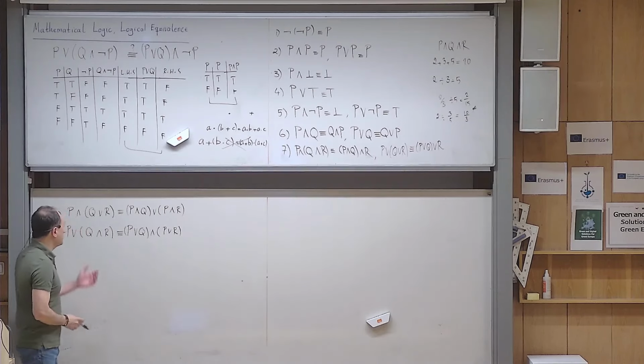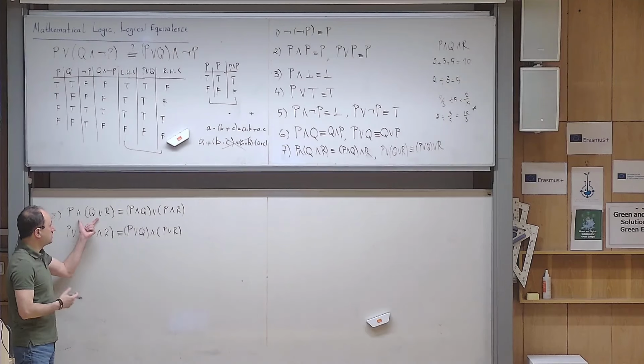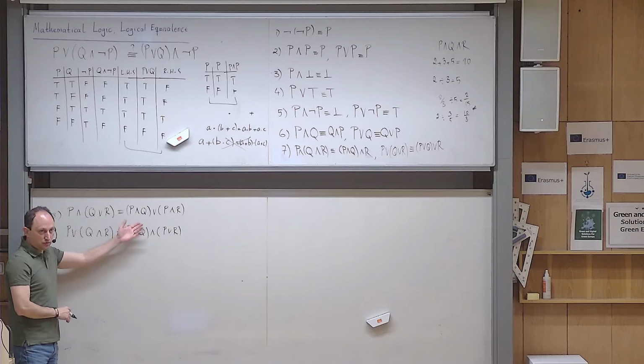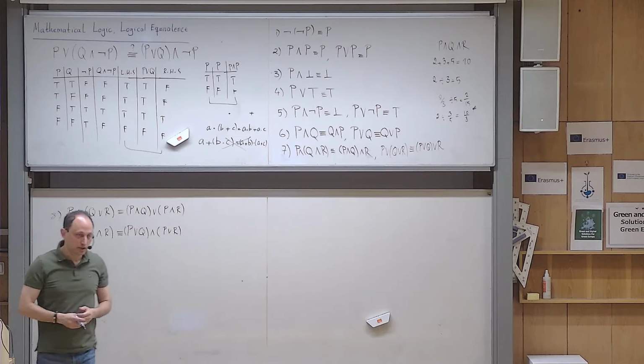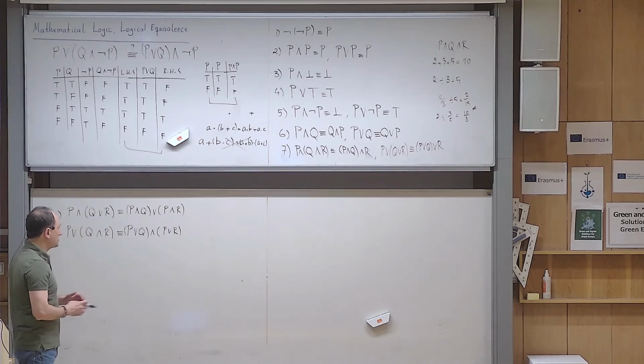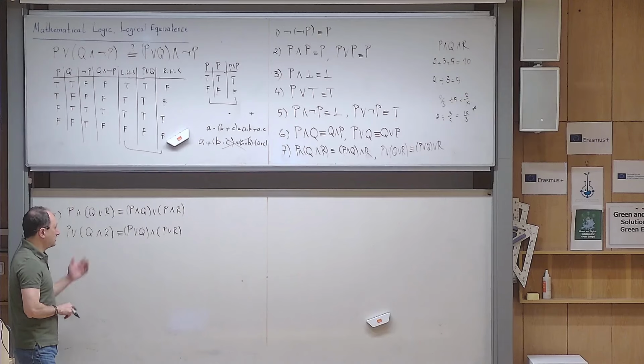It is long, so you have to set up a table of 8 rows, construct the left side, construct the right side, and compare the last columns, the columns corresponding to the left side and the right side. And they will be identical, so you need to trust me on that. And of course, don't take anything for granted. You can check it yourself, but this is a very simple exercise. But it turns out both of them are true.